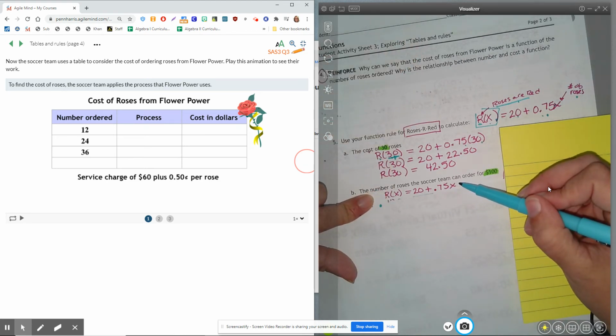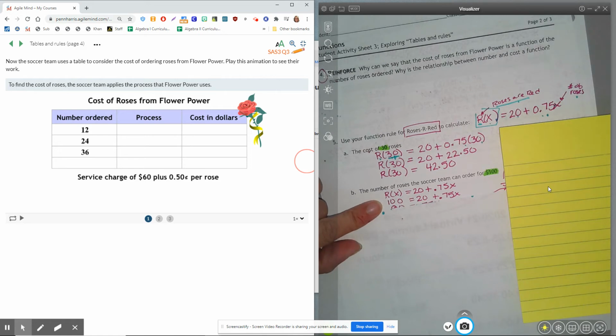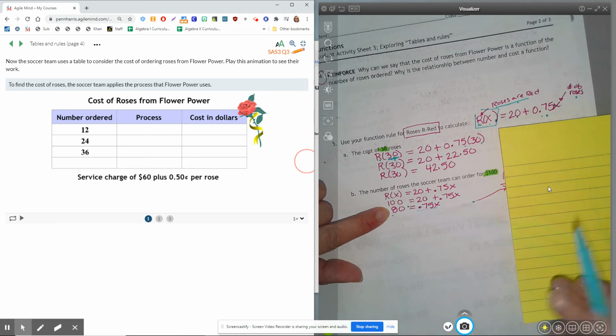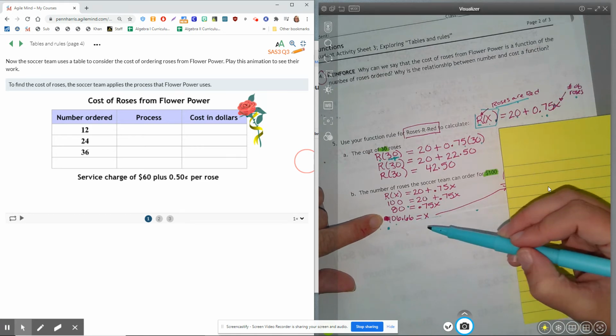I'm going to replace that R of X with $100. Okay. And just like we did on the other page, we're going to work backwards to solve this. We're going to subtract the 20 to get 80. And then we need to divide by 0.75 to get 106.66 equals X. Now remember, guys, X stands for roses.